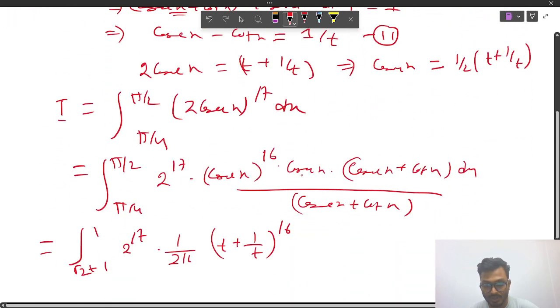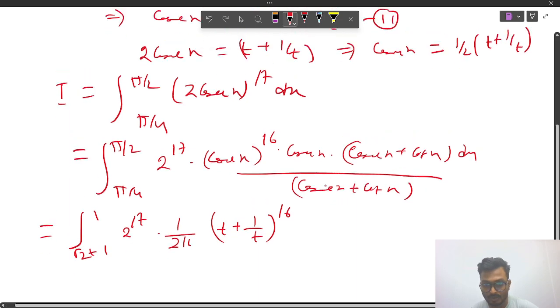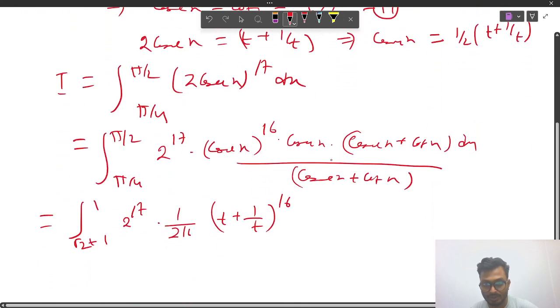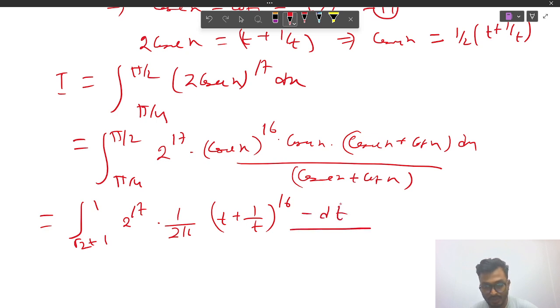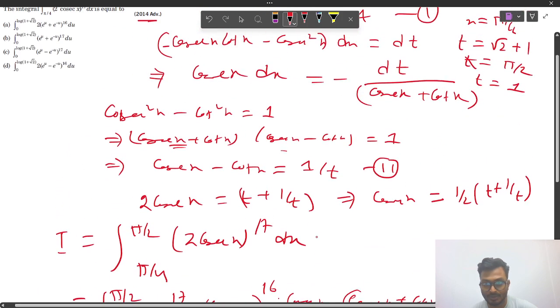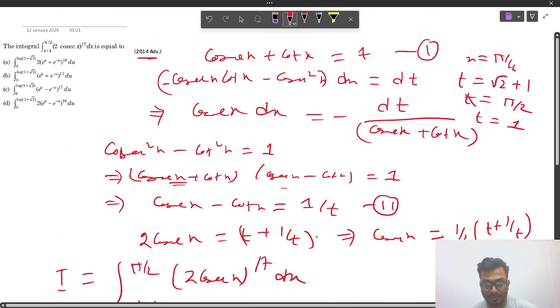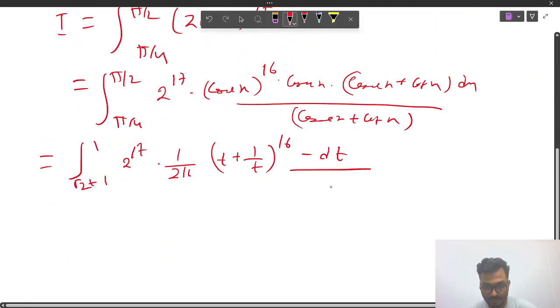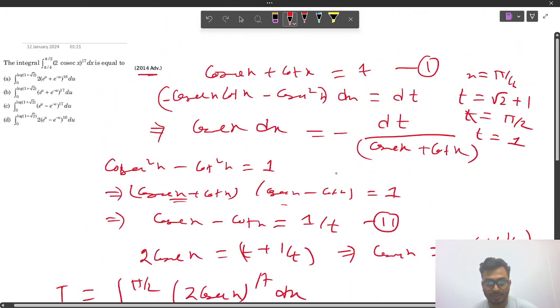Again cosec x into (cosec x plus cot x) dx means dt, divided by cosec x plus cot x, which is our t.